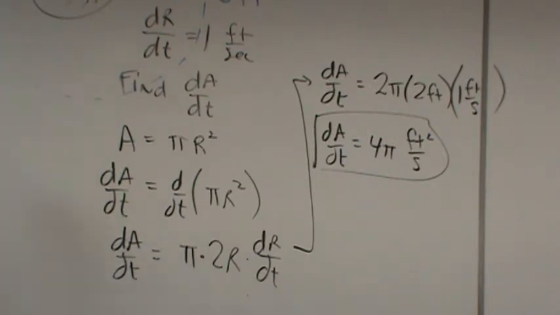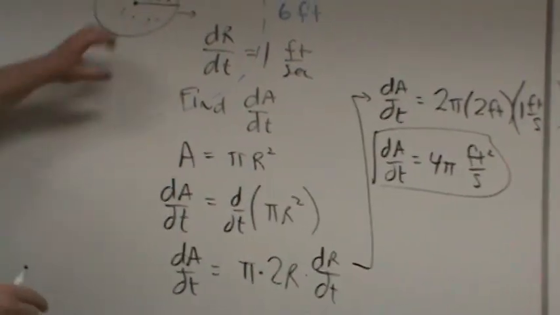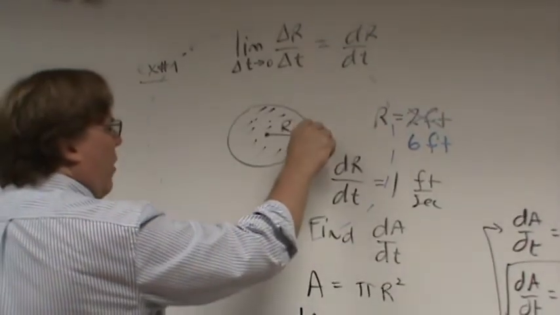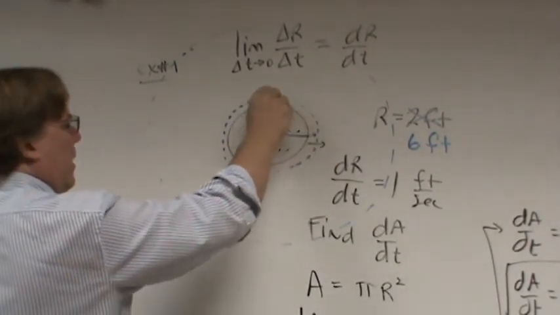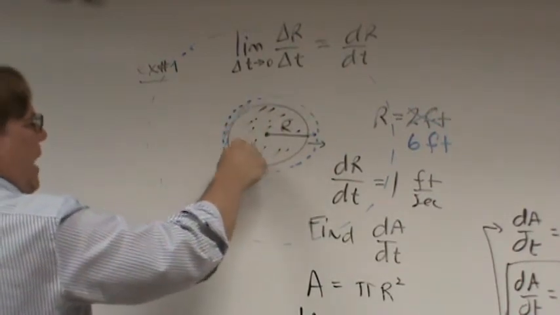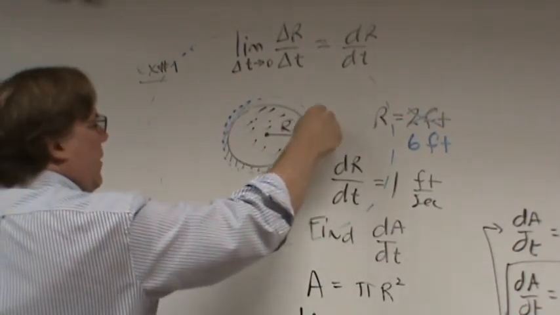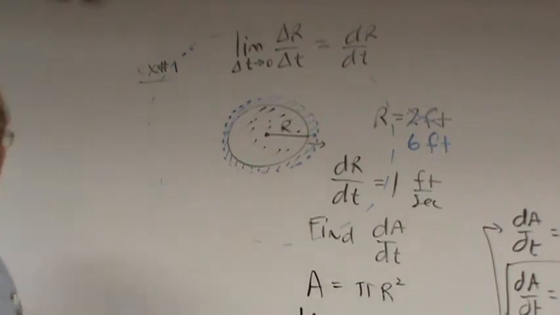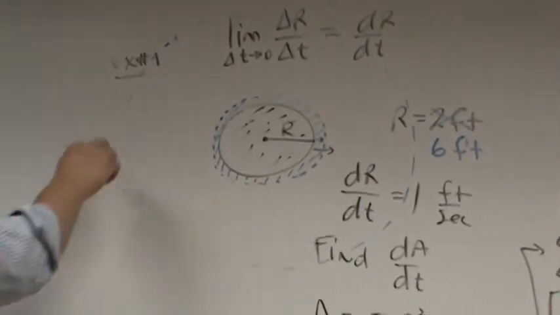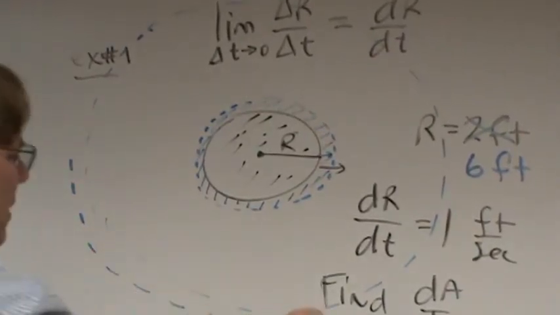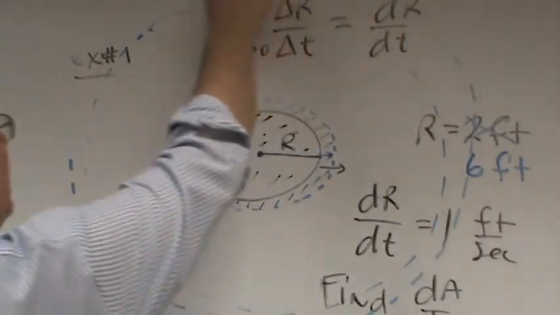Okay, but I'm trying to get to something else here. When your r moves out a little bit, your circle goes to here, and so this extra area is the rate of change of area. That extra area is telling you the rate of change of area. Well, what if you're way out here and then your radius increases a little bit?